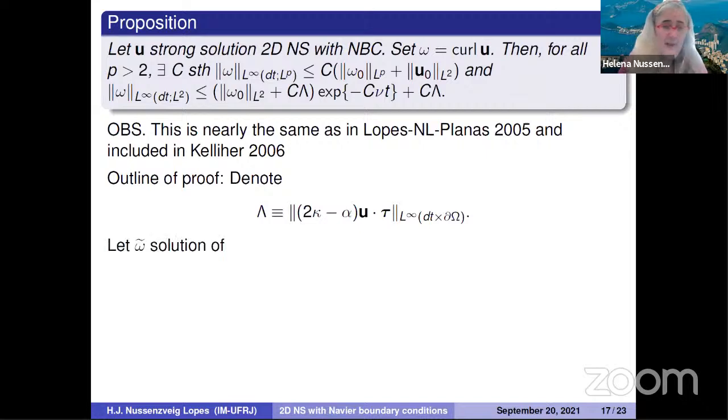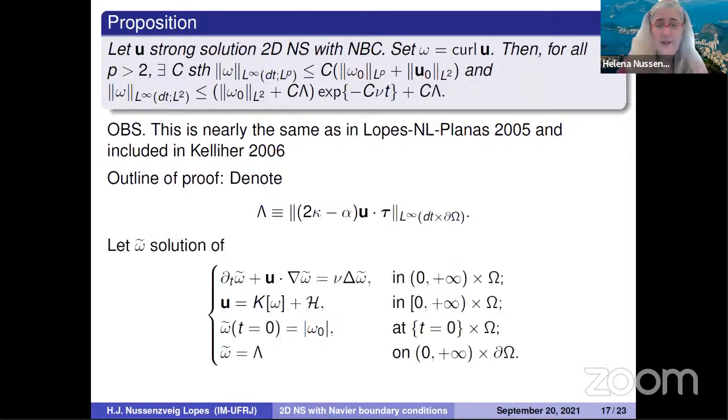So first we take omega tilde, a solution of the following parabolic equation: dt omega tilde plus u grad omega tilde is nu Laplacian omega tilde, where u is the velocity from the Navier-Stokes solution. So it's given. And omega tilde at time t equals 0 is the absolute value of omega naught. And on the boundary, it's equal to this constant lambda, which is a constant in time and in space.